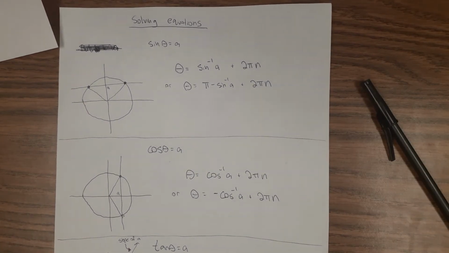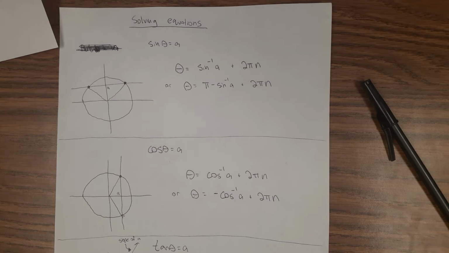So there will be times in this class when we have to find all solutions to an equation involving trig functions. So let's talk about how to solve these equations, and in particular, how to find all solutions.